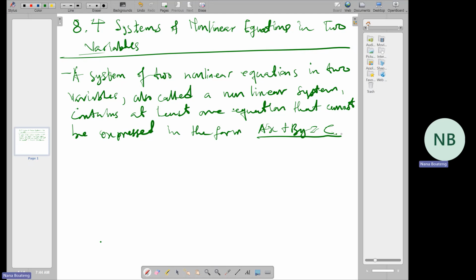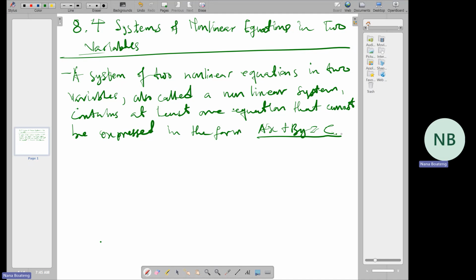As with linear systems in two variables, the solution of a nonlinear system, if there is one, corresponds to the intersection of the graphs of the equations in the system.